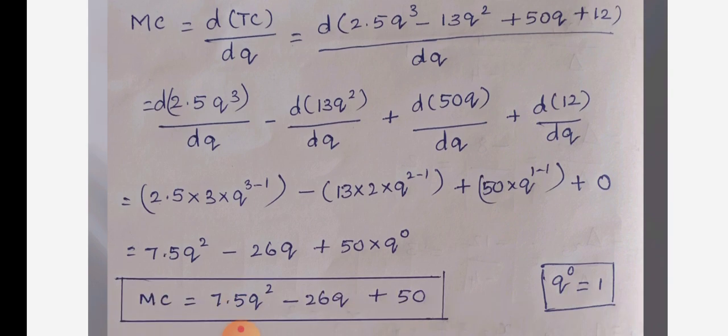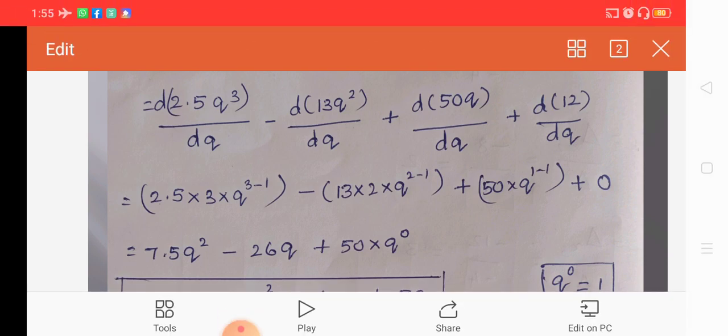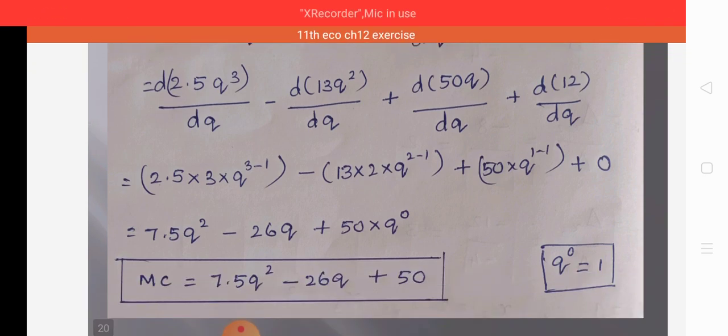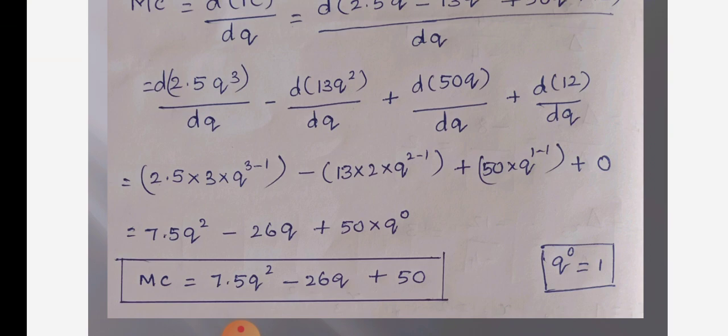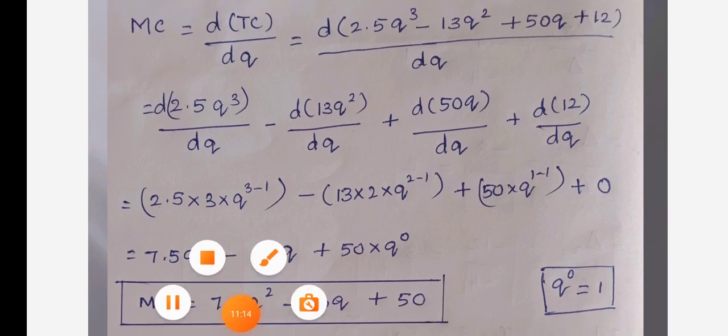Q to the power 3 minus 1, it is 2. Minus 13 into 2, 26. Q square will become q. Again, 50q will become 50. Then the constant, when you differentiate 12, it is 0. You don't have to write it. So, this is MC function.